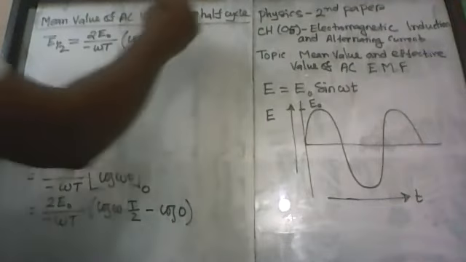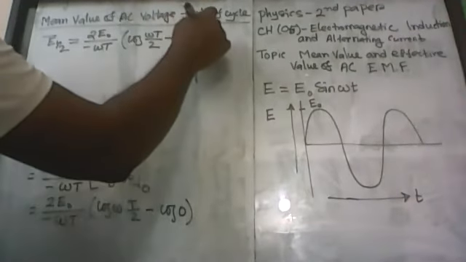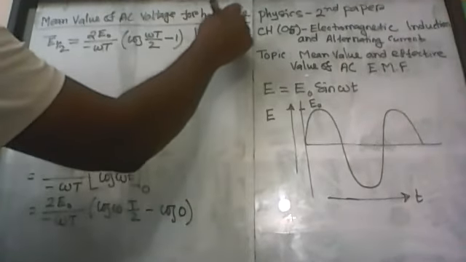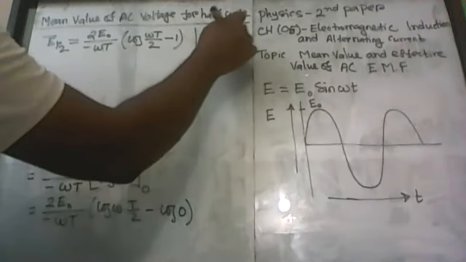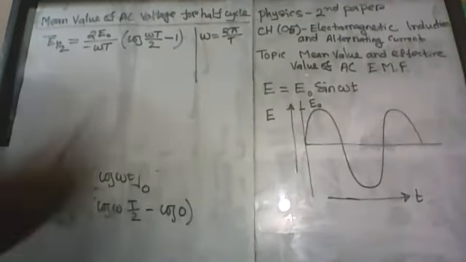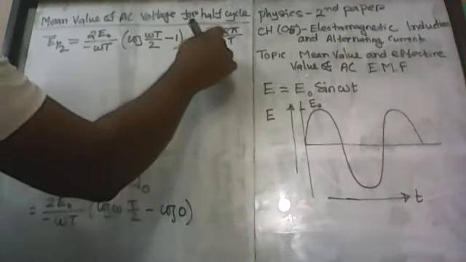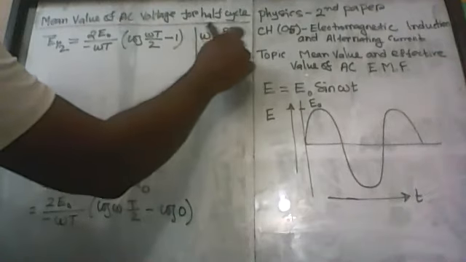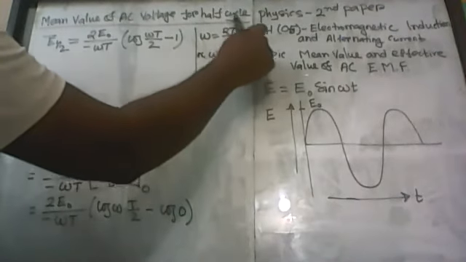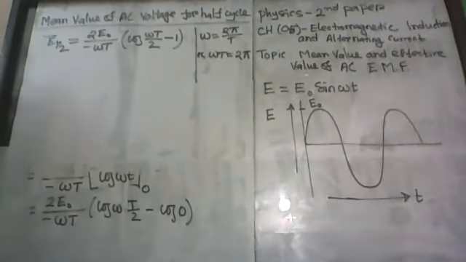You know that omega will equal twice pi divided by capital T. So if you multiply omega T, it will equal 2 pi.